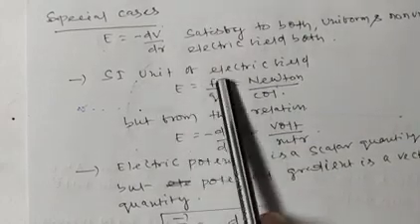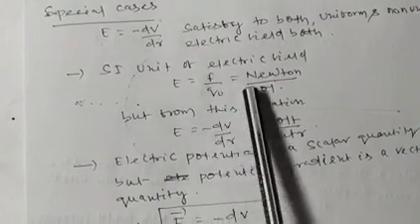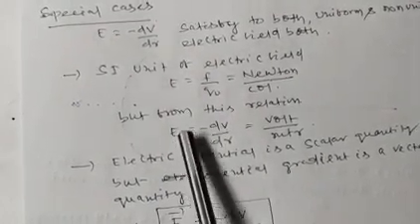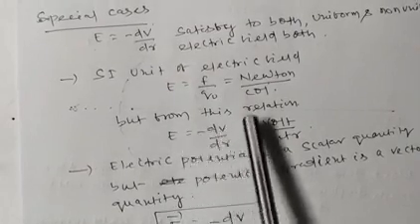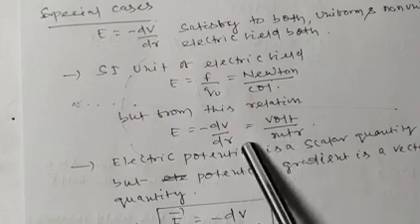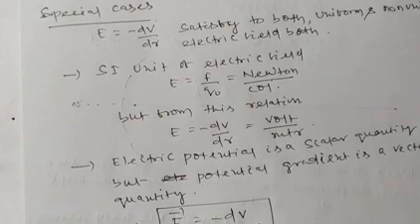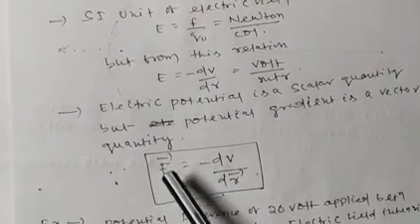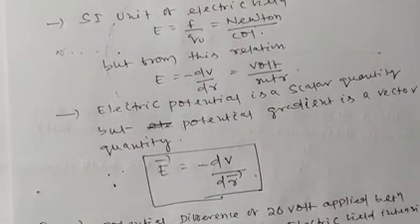The SI unit of electric field, as we said from E equal to F by Q0, is Newton by Coulomb. But from this relation we can find another unit of electric field: E equal to minus dV by dr, that is volt by meter. In vector form you can also represent this formula.